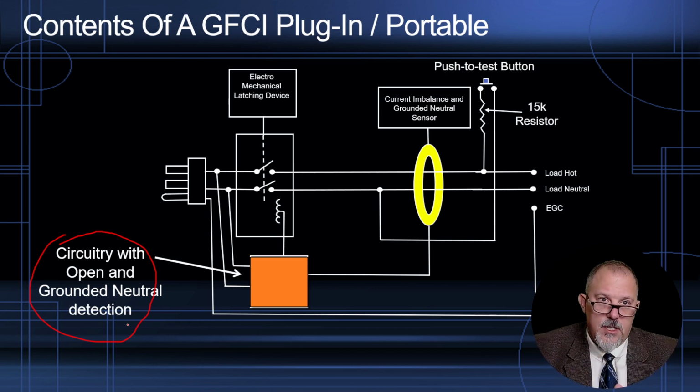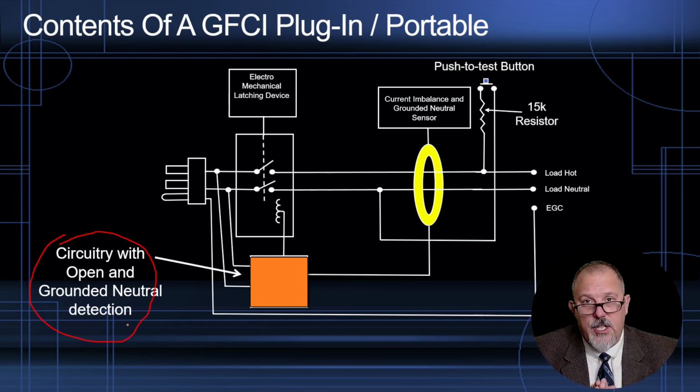So this plug-in portable type of GFCI device has to go through additional tests as part of UL 943 to make sure that it can determine and detect problems on the wiring ahead of it, because it is external to the structure and could be jeopardized. That's how that works.